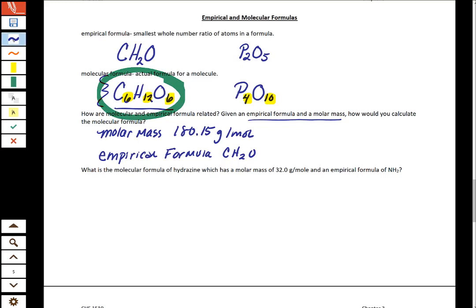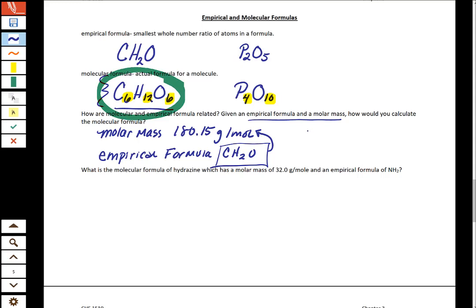So what you're going to do is a quick division. You're going to figure out the mass of the empirical formula, and then figure out how many times this empirical formula mass can go into the molar mass. So if you calculate 12 for carbon, 2 for hydrogen, 16 for oxygen, that's about 30.